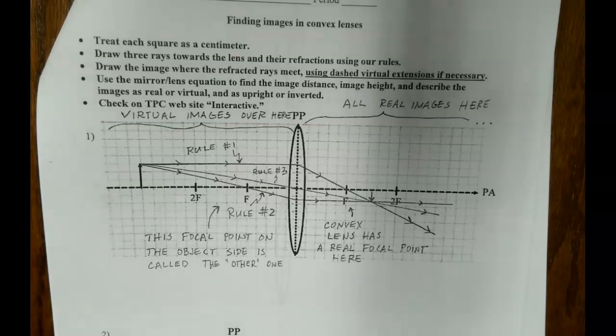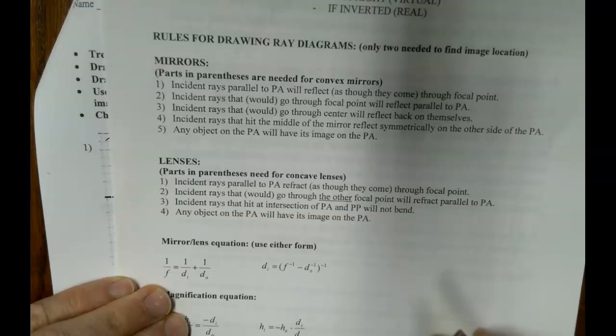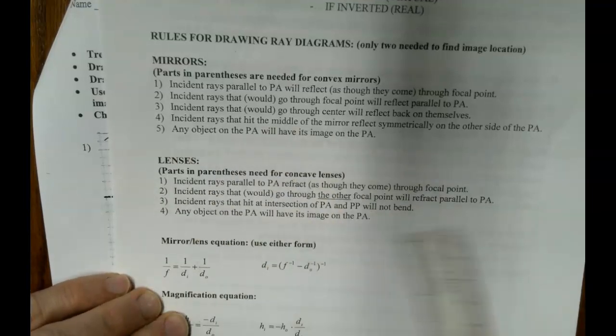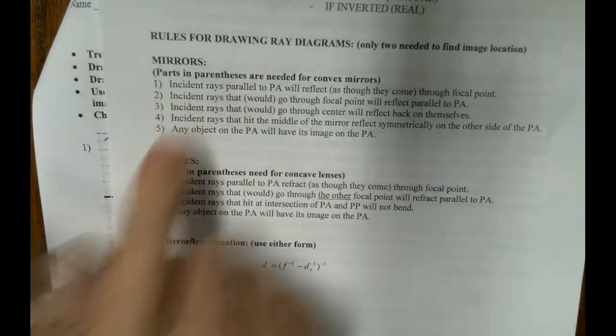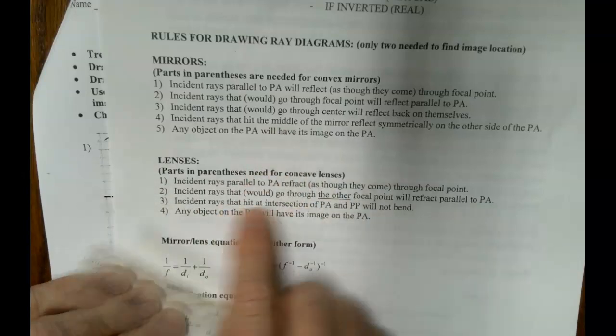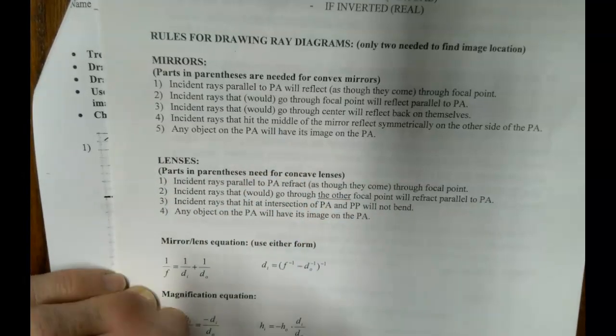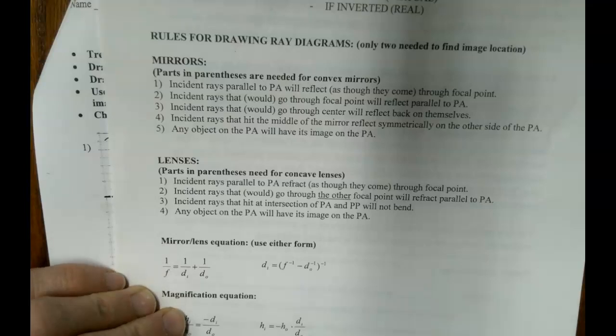But if you need anything more than what this video offers, of course, you just need to find me live if I'm your teacher. I'm going to be referring to this page that goes along with your packet. Down here are lenses, right below where we did things for mirrors. I tried to write them in such a way that they're pretty succinct, but they're somewhat similar to what we did for mirrors.